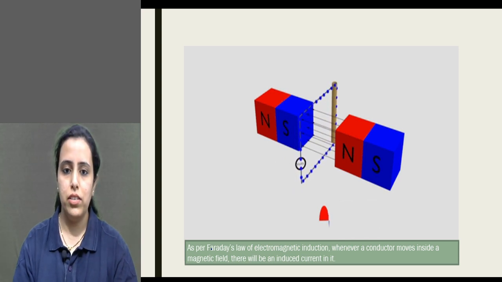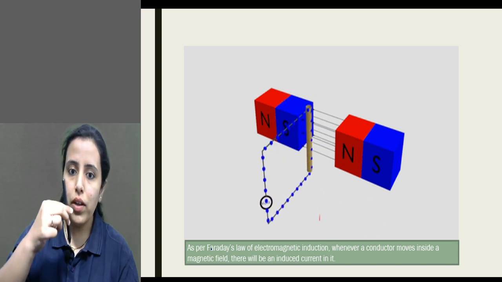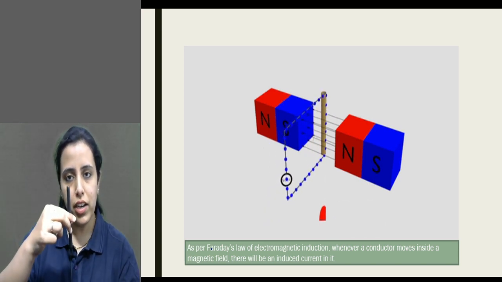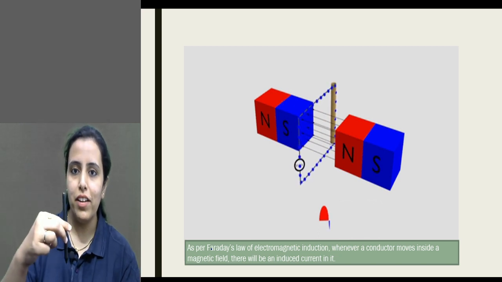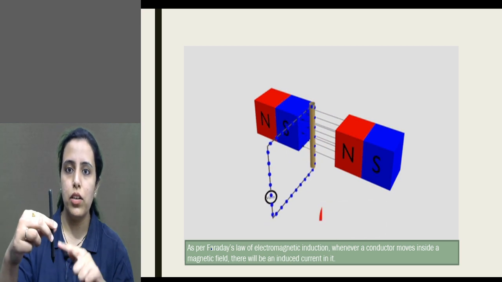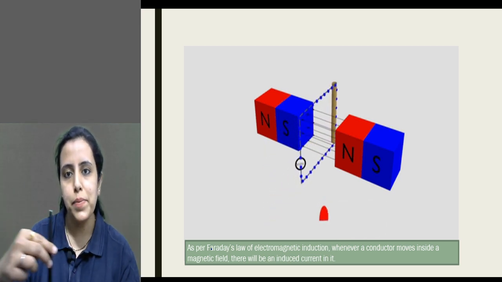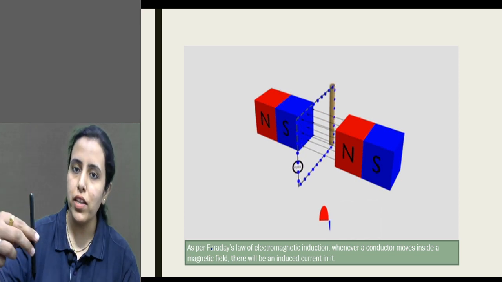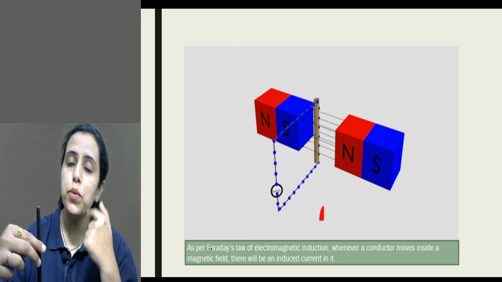electromagnetic induction. In this particular diagram you can see the conductor which is introduced in the magnetic field is moving. This moving conductor is attached to a voltmeter to measure the voltage. Because the conductor is moving inside the magnetic field, it induces current in it.